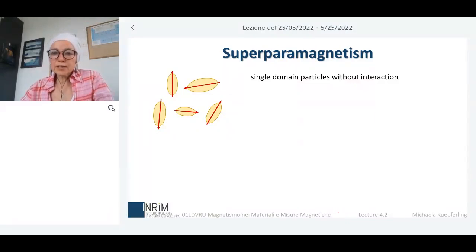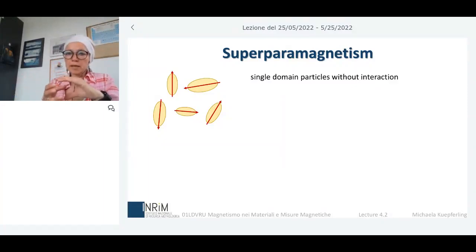So the next concept is superparamagnetism. Superparamagnetism means simply that you have a lot of single domain particles, but now not as I imagined my perfect permanent magnet. They are not in contact, and they are not interacting in the superparamagnetic material.